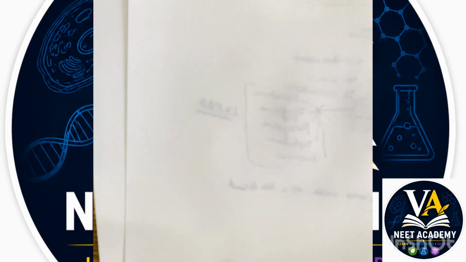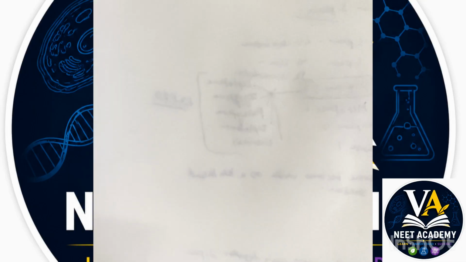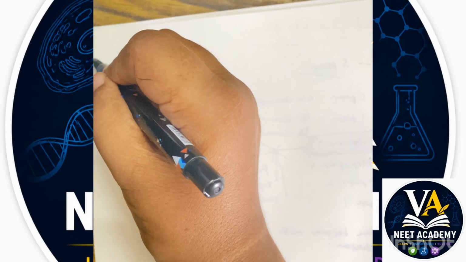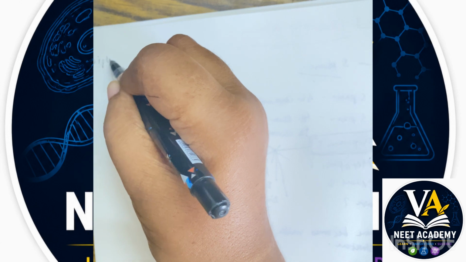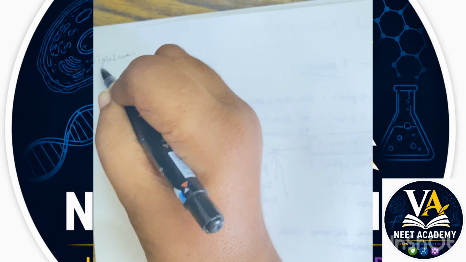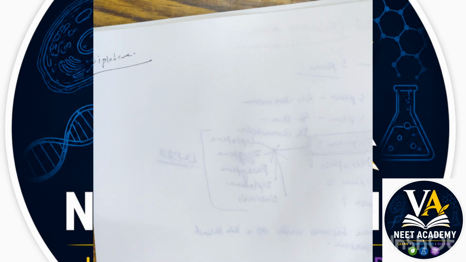Now we will move on in meiosis prophase I. The next stage is Diplotene. So what happens in Diplotene?